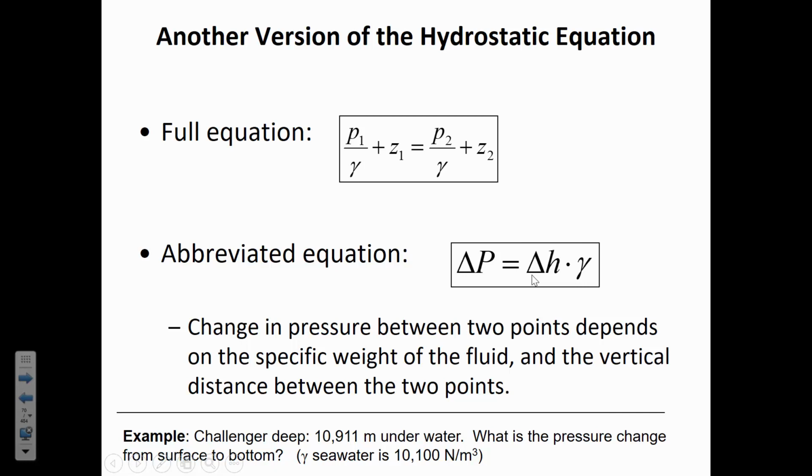Usually we're going to be doing gauge pressure. I'll stop specifying between the two, and it will be the exception that we have absolute pressure.